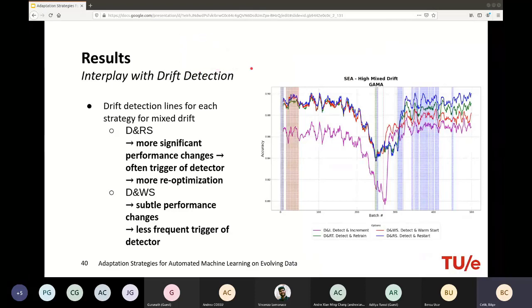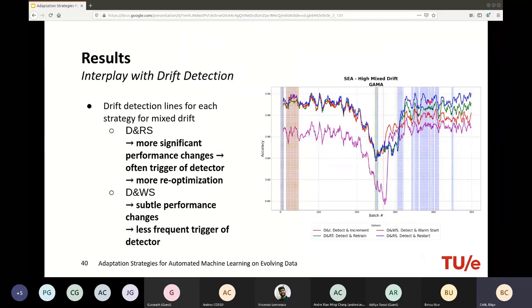Finally, we wanted to understand the effect of drift detection, whether we are affecting the performance with this or not. First, we looked at the interplay between the adaptation strategy and the drift detector. In the plot, you can see the drift detection points for each strategy as vertical lines with the same color as the strategy.